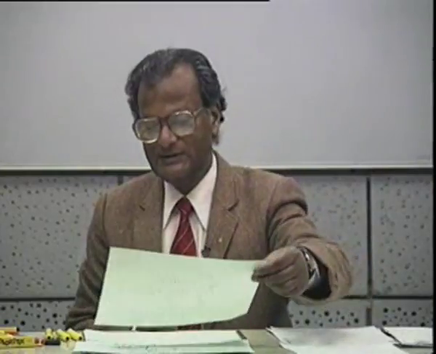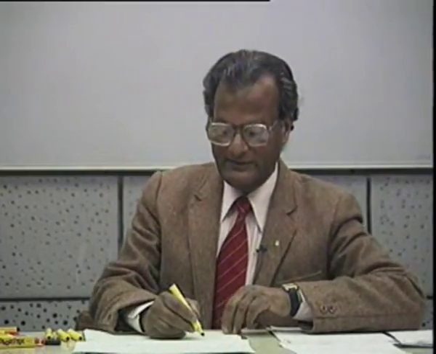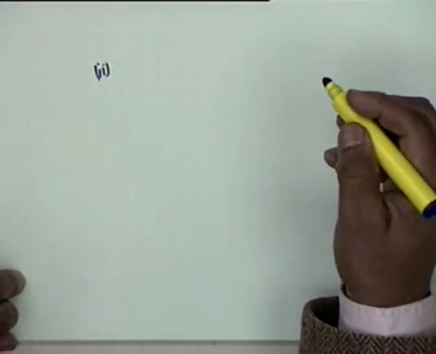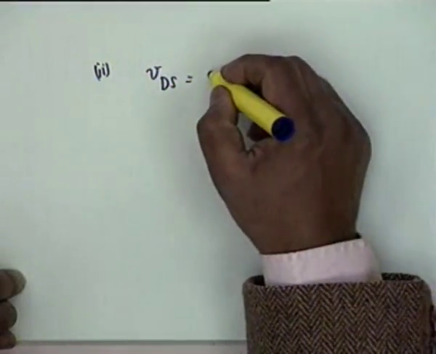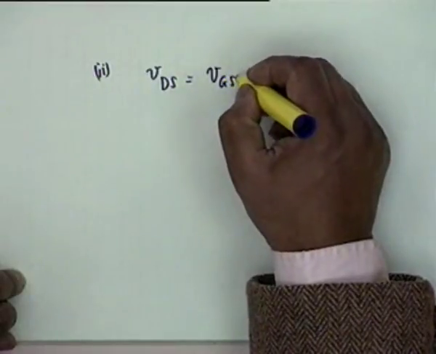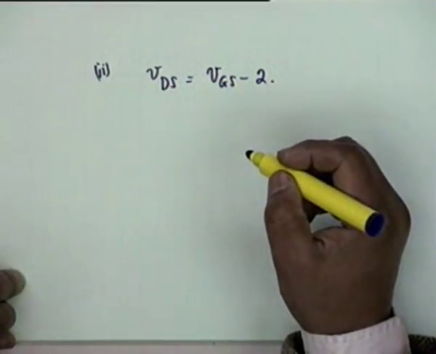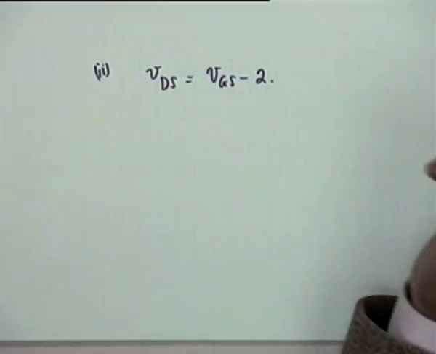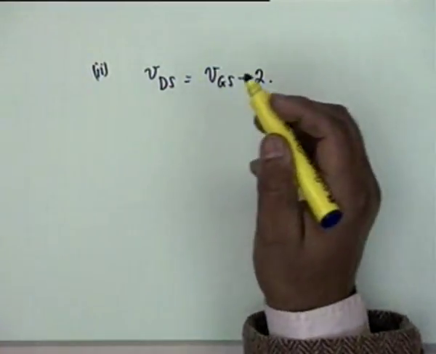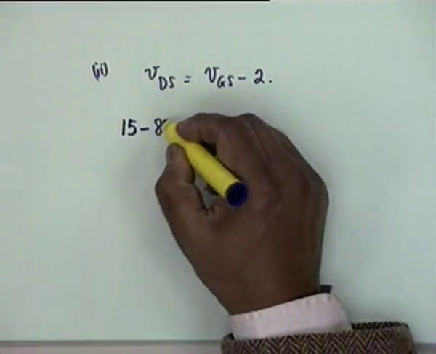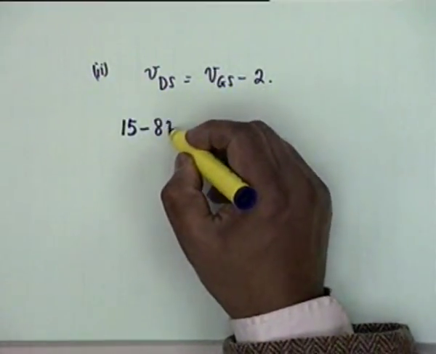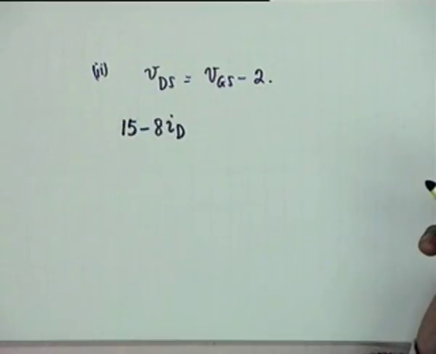Okay. Second part of the question, if the transistor operates at the edge of saturation, the condition is that VDS should be equal to VGS minus 2. This is the condition. And now what is VDS? 15 minus 8 ID. Agreed? ID in milliamperes.